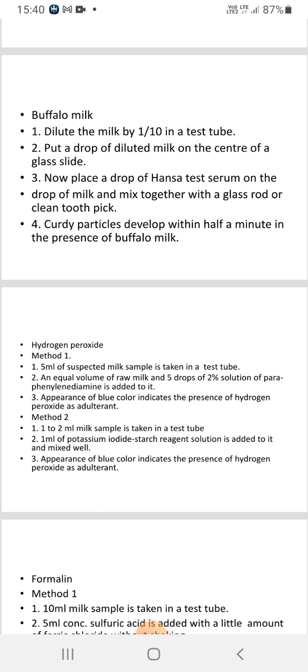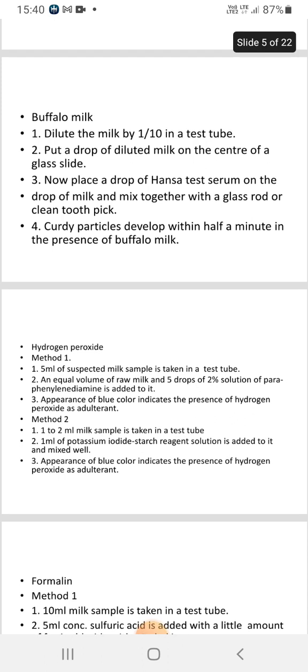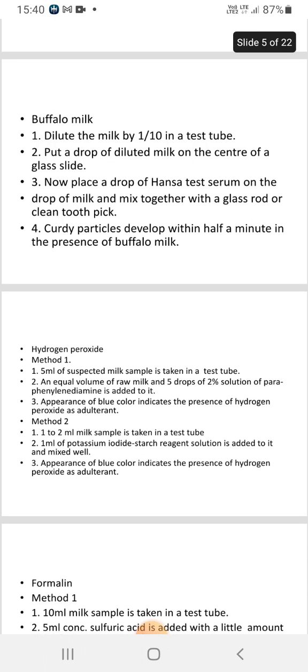So hydrogen peroxide is also added to milk sample. So for checking its presence, we can use the reagent having paraphenylenediamine. If there is the appearance of blue color, then it contains hydrogen peroxide as an adulterant.